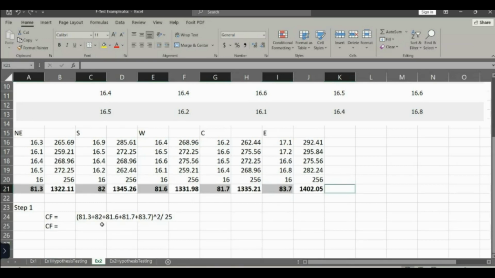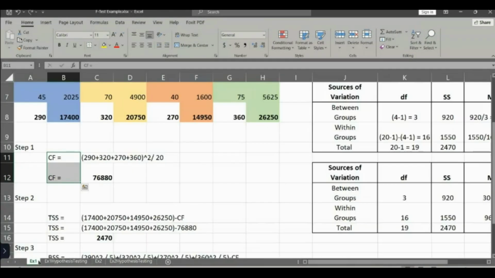You have your calculators with you, and kindly approximate your CF to the nearest two decimal places.